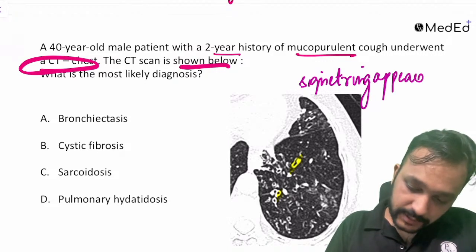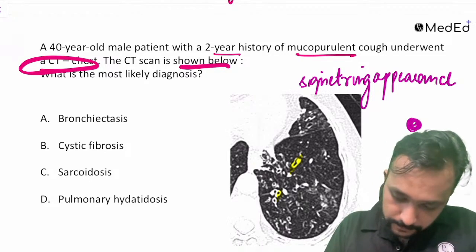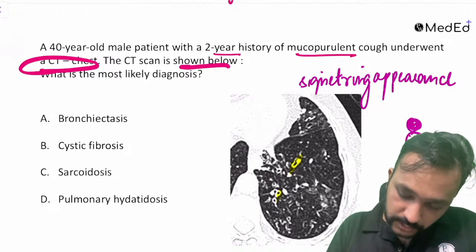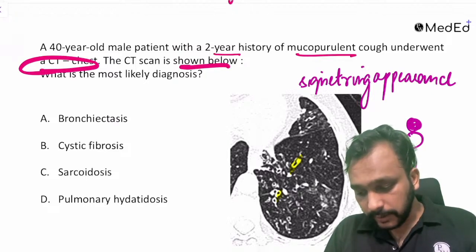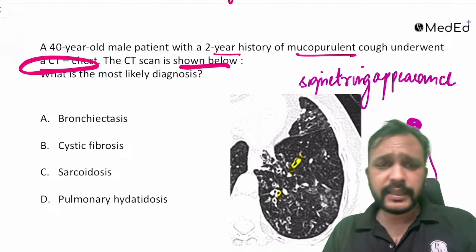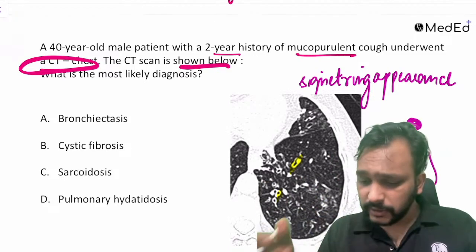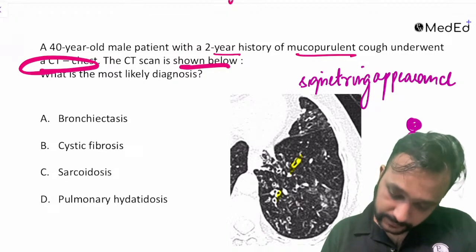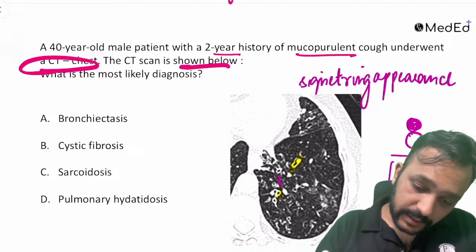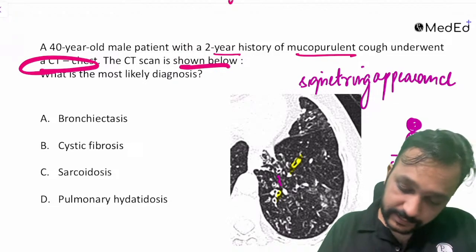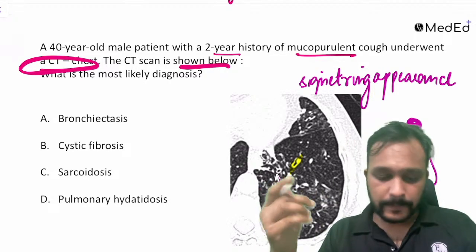So in a normal patient, the ratio of pulmonary artery to bronchiole is more than 1. If the ratio of pulmonary artery to bronchiole is less than 1, it means that the bronchioles are dilated, and these abnormal dilated bronchi, we call it as bronchiectasis, right?